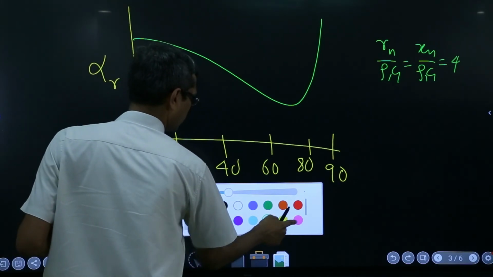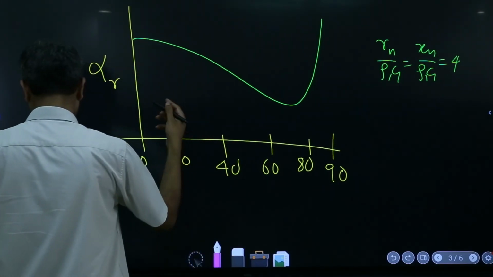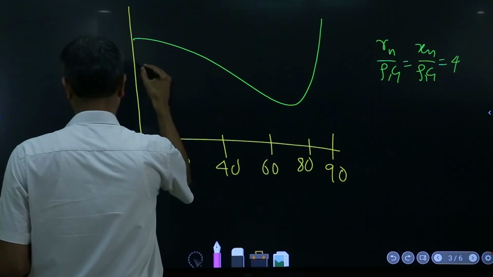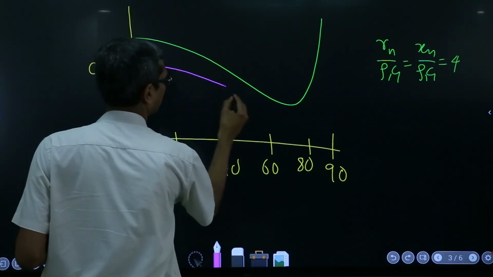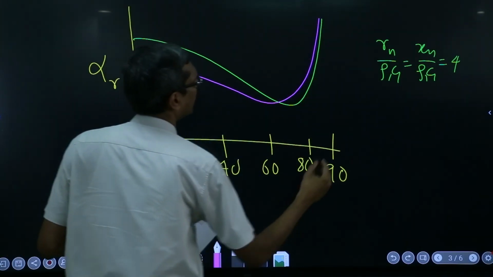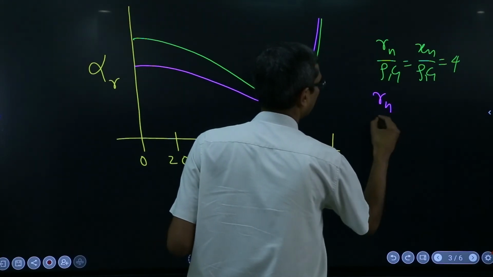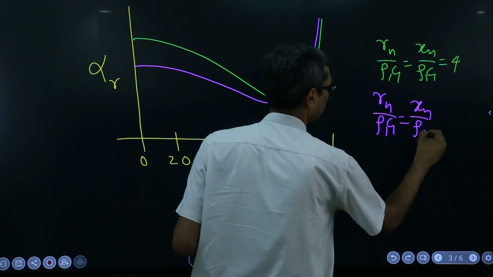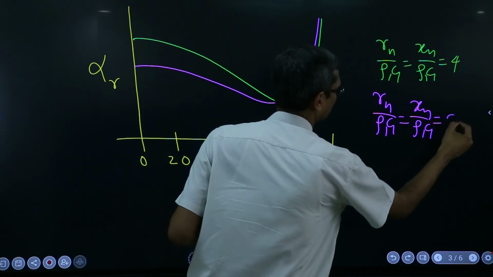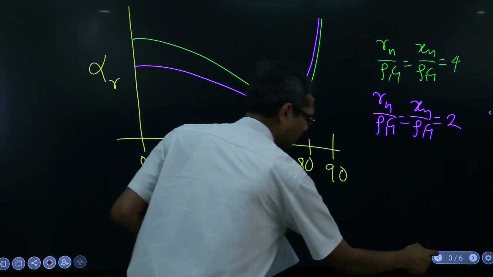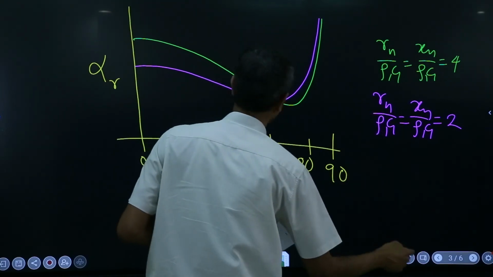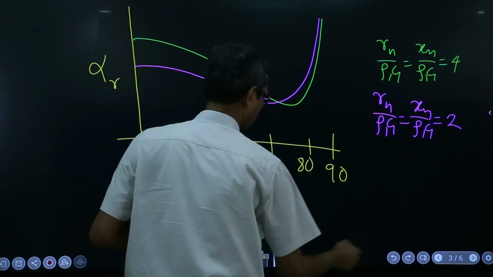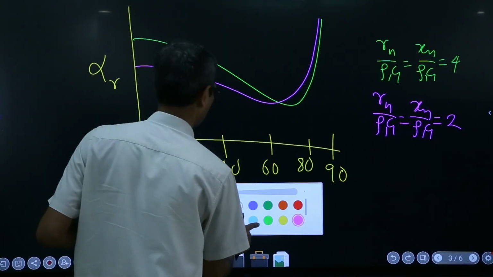And if you go to another value, say this may look something like this, and maybe that is Rn over rho 1 C1 is equal to Xn over rho 1 C1 to be equal to say 2, and if under such conditions Xn is 0. So, let me draw one more thing.